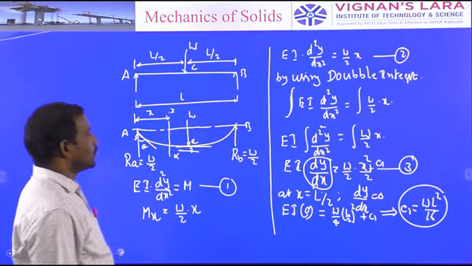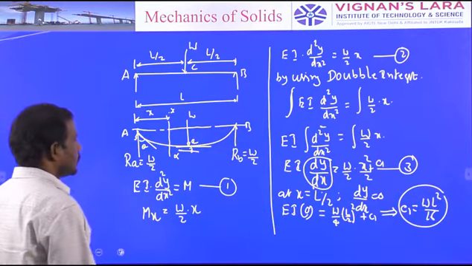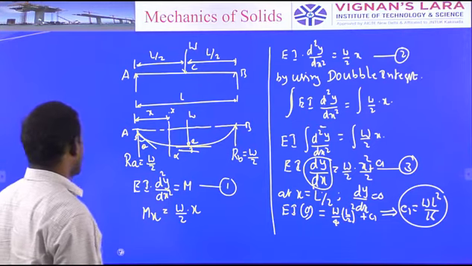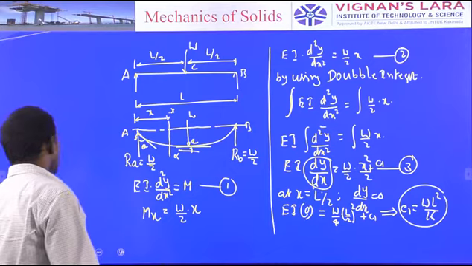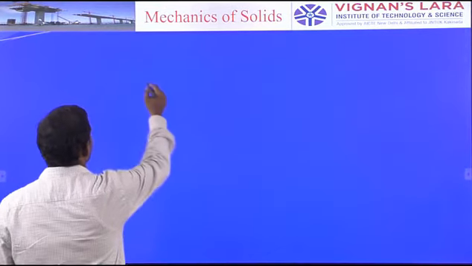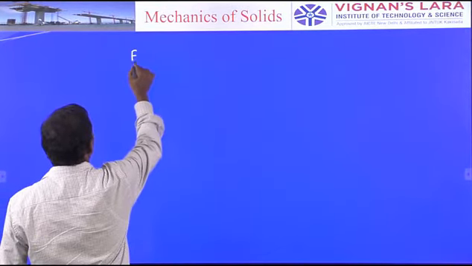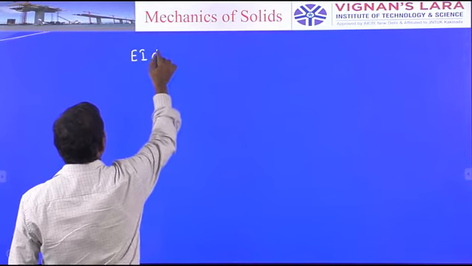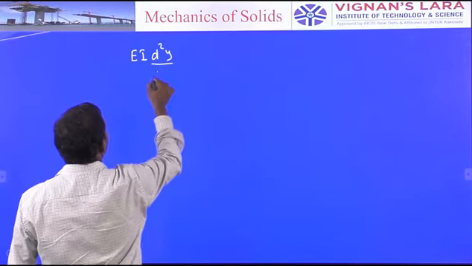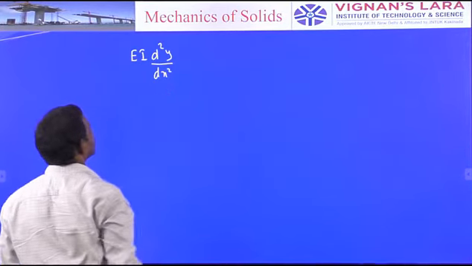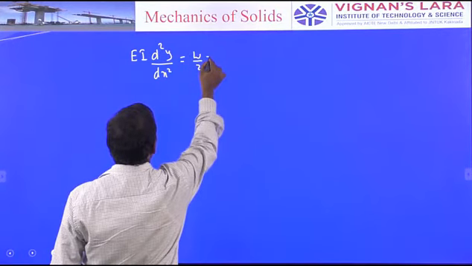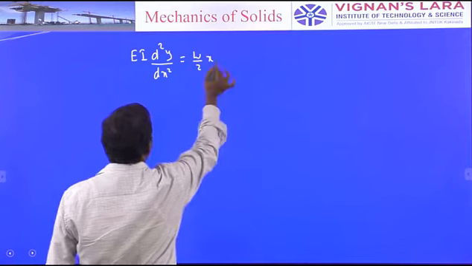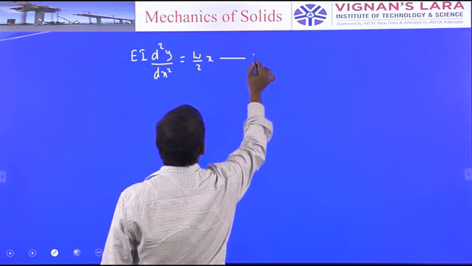Again, substitute this C1 value in equation number 3. Let us see: we know that EI d square y by dx square is equal to W by 2 into x.